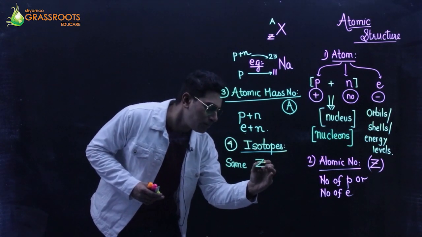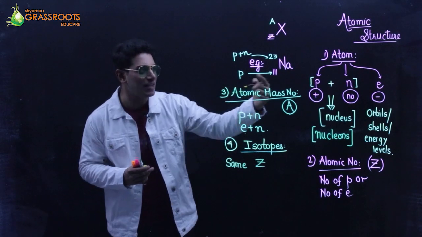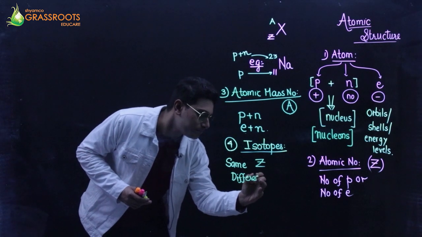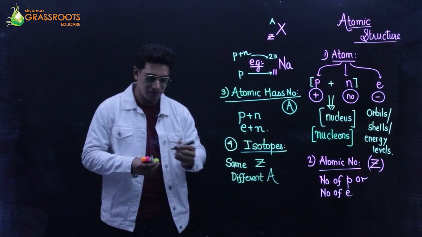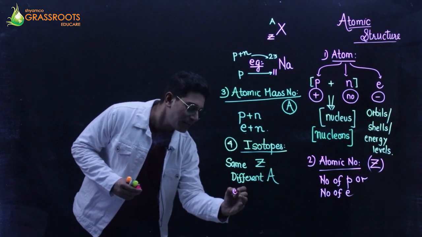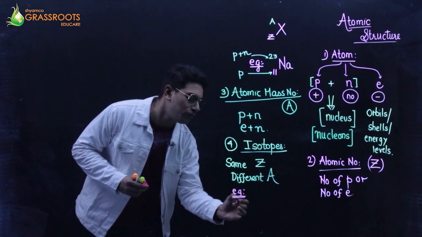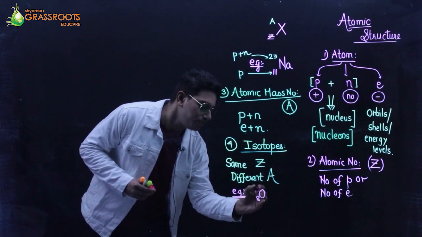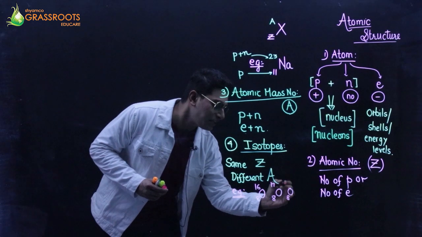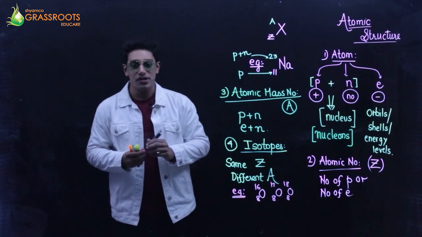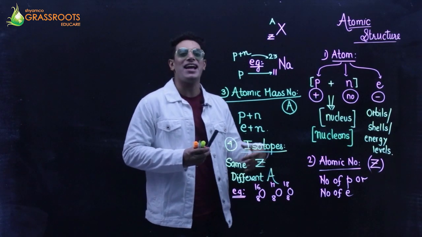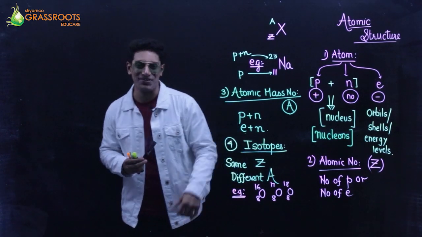Same atomic number, same bottom, same Z, but different atomic mass number, different A. Let's take an example to analyze and understand it. Example, many of them. One of them is oxygen, 8 16, 8 17, 8 18. That means these are the three isotopes of oxygen which are present in the air, the atmosphere on Earth.